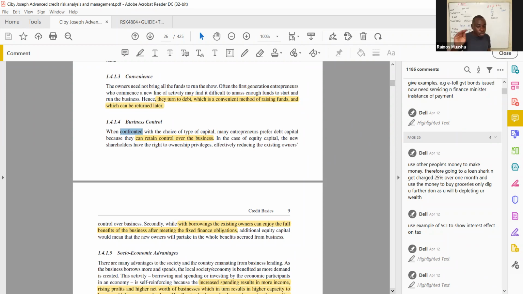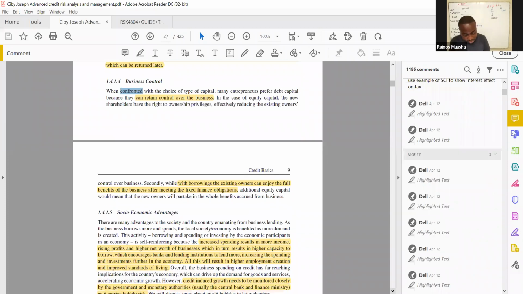So during periods of high profitability, your earnings per share is going to be higher for the ordinary shareholders. But the moment you start inviting external parties to become part of the owners of the business, during those periods of high profitability your earnings per share is going to be diluted as well.